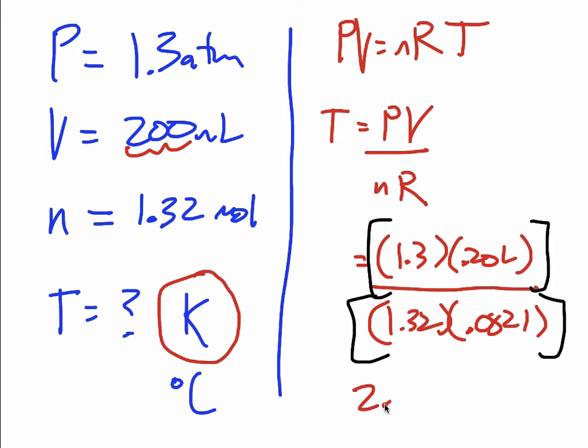So 2.3 Kelvin, and I subtract 273, and that equals negative 270 degrees Celsius.